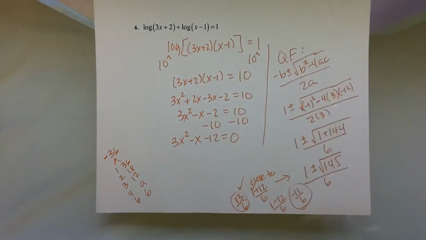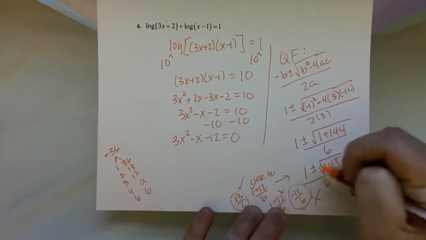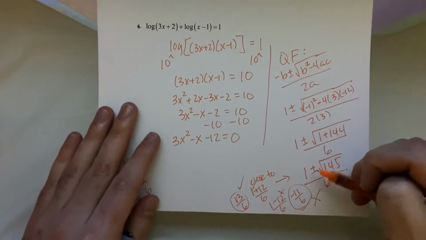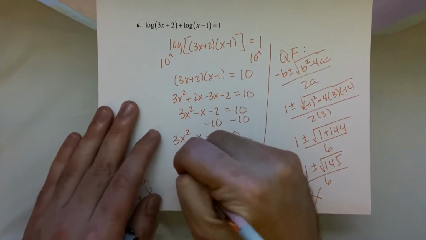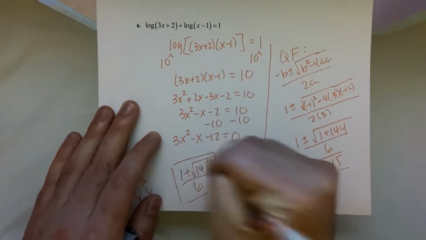Negative 2 minus 1 is negative 3. Both of those are negatives, which we can't have in the logarithm, so this is out, which means the minus version of this answer is out. So my only actual solution is the one with the plus. So 1 plus the square root of 145 all over 6 is my only solution.